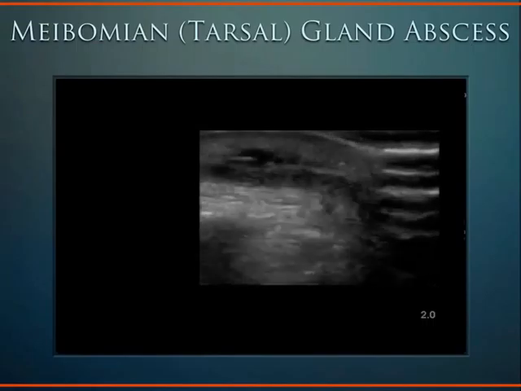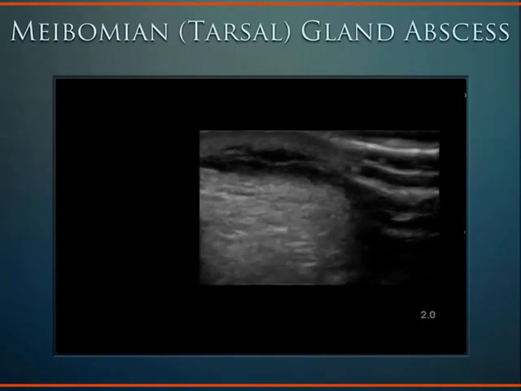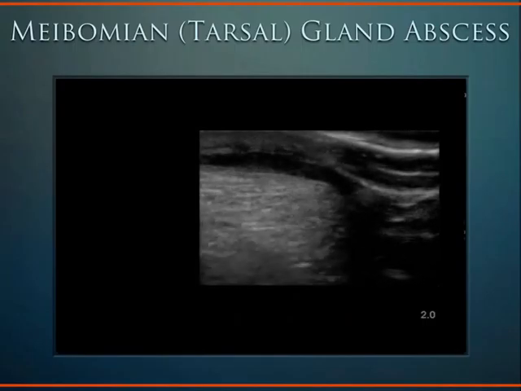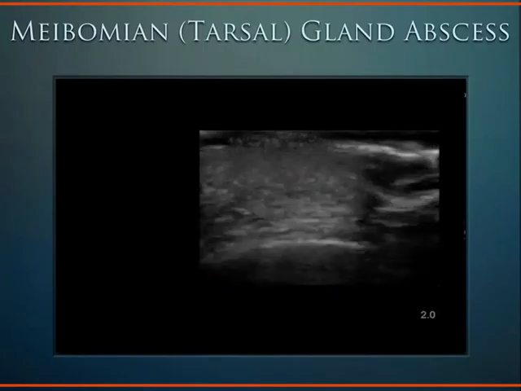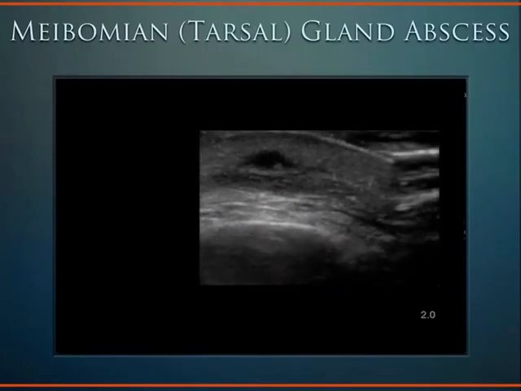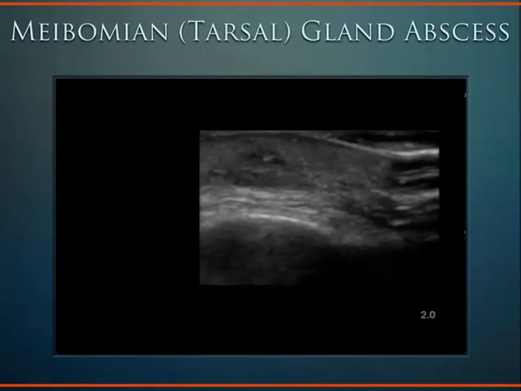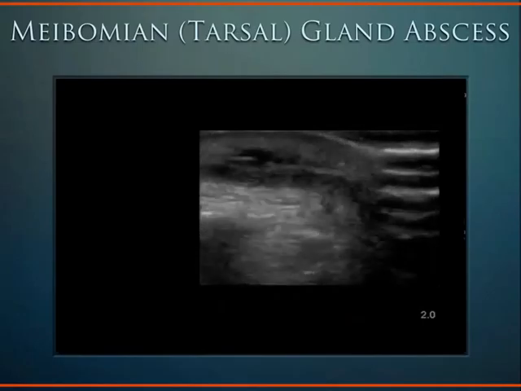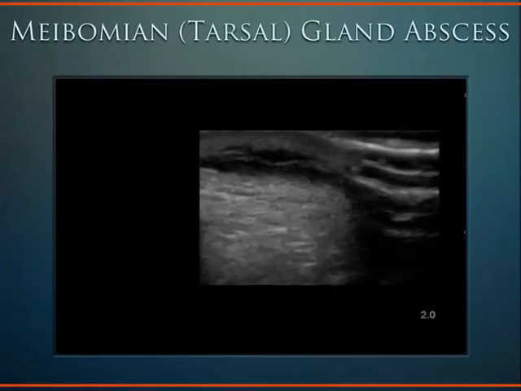They prevent tear spillage onto the cheek, and trap the tears between the oiled edge and the eyeball and make the closed eyelids airtight. There are about 50 of these glands in the upper eyelids and 25 in the lower eyelids. They're named after Heinrich Meibom, a German physician back in the 1600s.